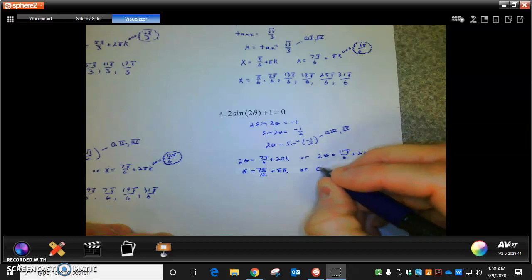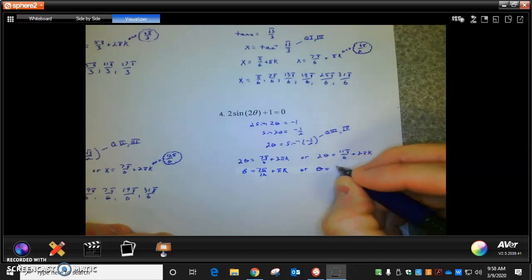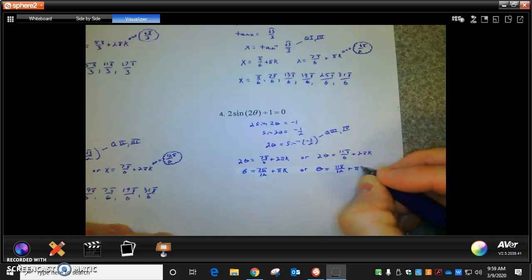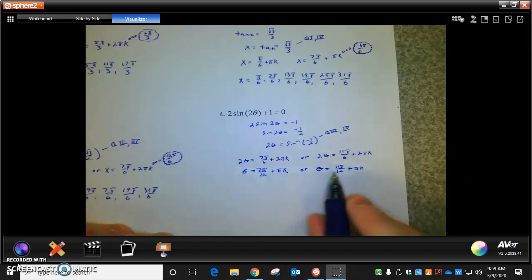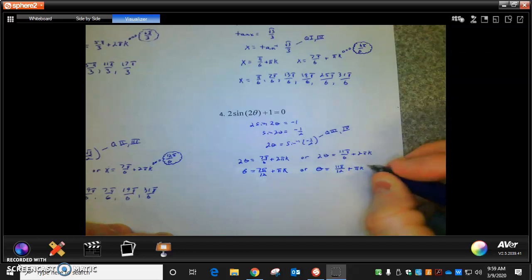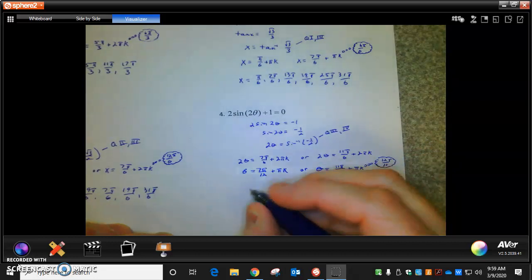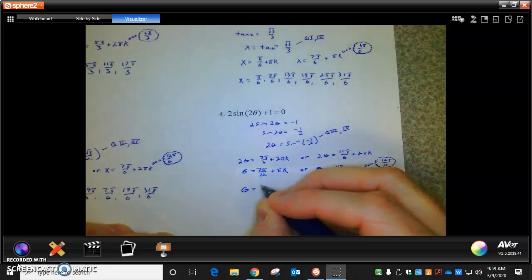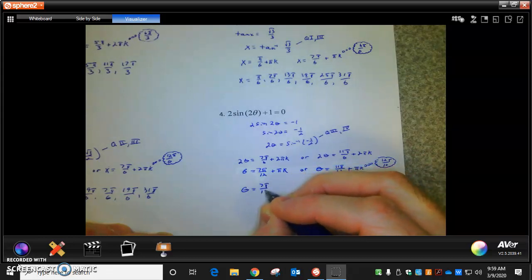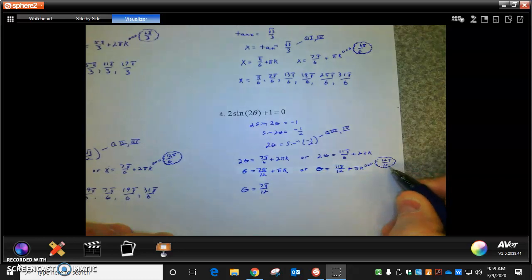Or θ could equal 11π/12 plus πk. So these are the first two angles, plus any multiple of π, which I'm going to think of as 12/12. So θ could be 7π/12 plus 12/12.